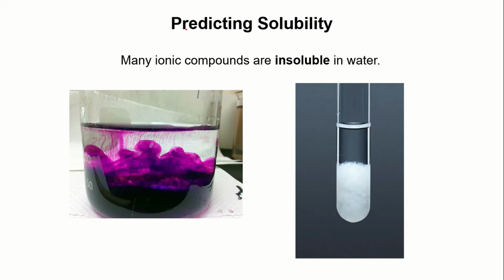So in this lesson, we are going to look into certain guidelines that will help you to predict the solubility of a given ionic compound. Some ionic compounds will dissolve and dissociate, and then there are some ionic compounds that will not dissolve in water.